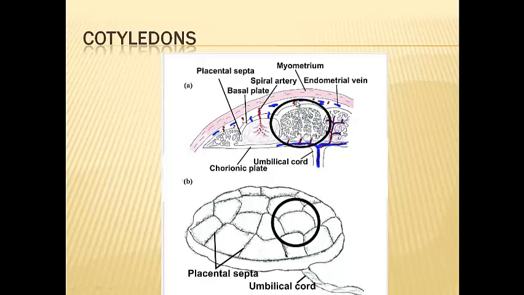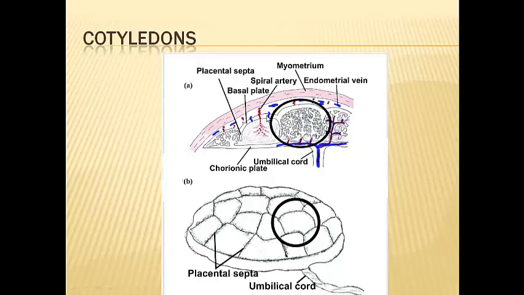This is the decidua over here where the endometrium is, and you can see all the endometrial blood vessels and so forth. Notice how from the decidua, you've got these extensions coming down into the placenta, but they do not reach the chorionic plate.